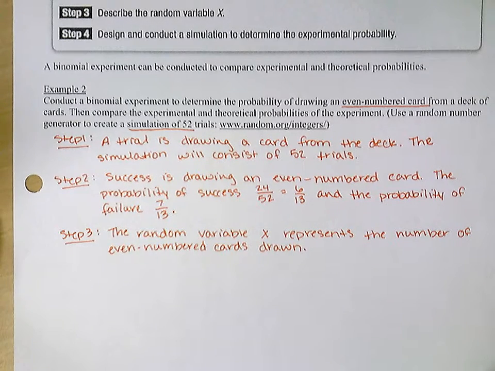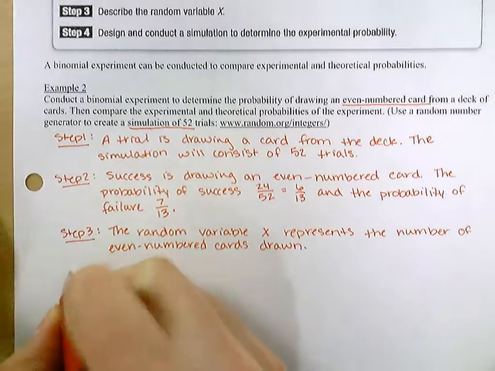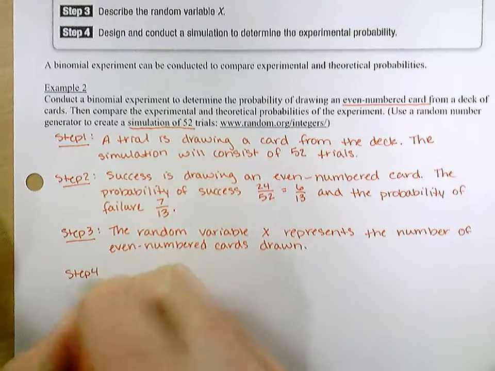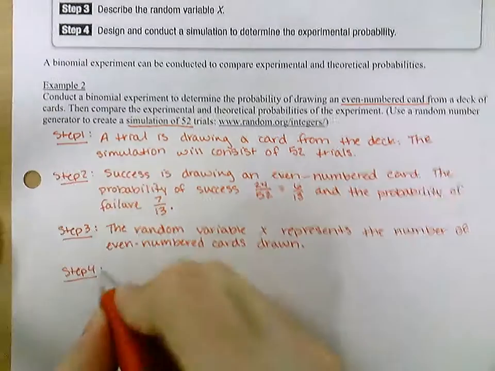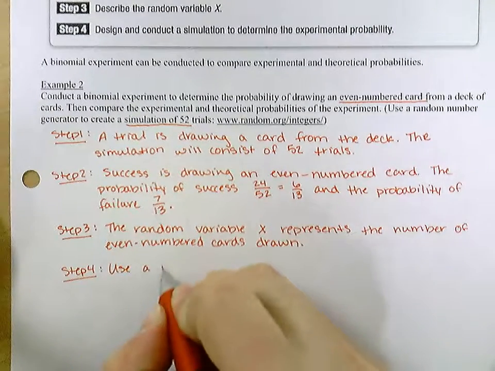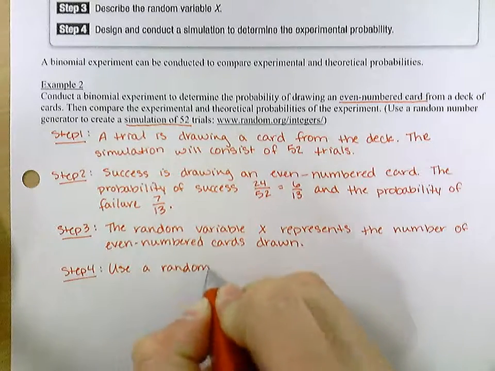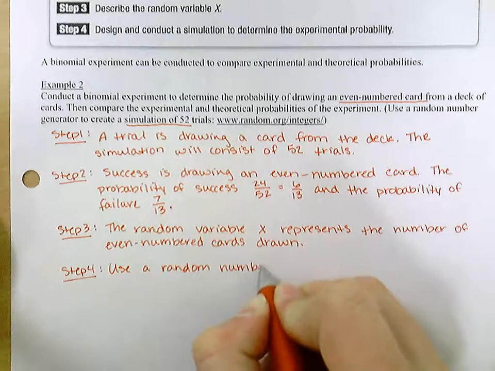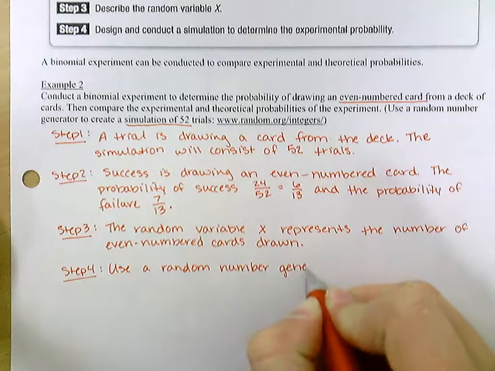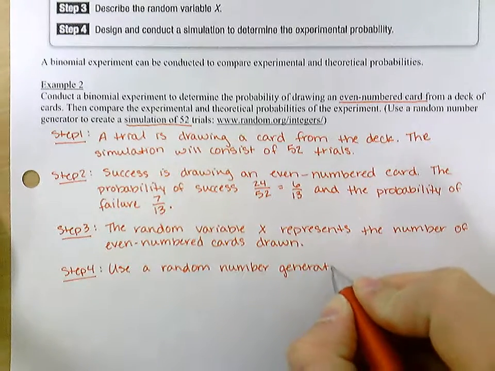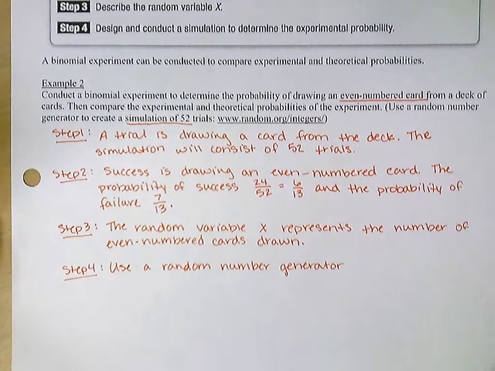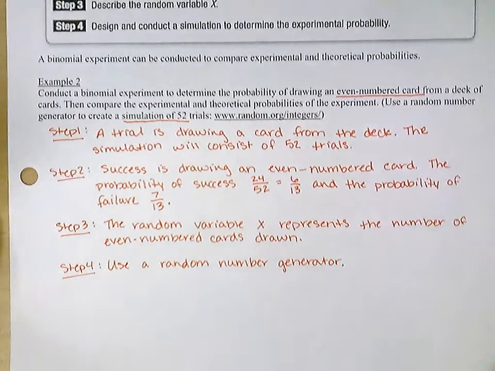Last step we need is step 4. Step 4 is to design and conduct a simulation to determine the experimental probability. So we are going to use a random number generator.